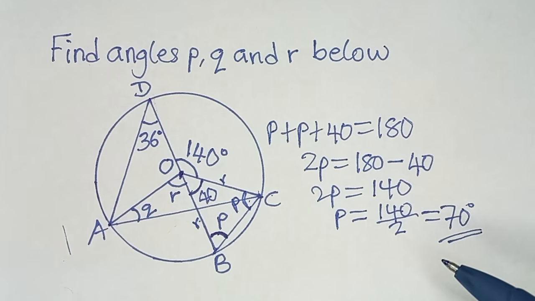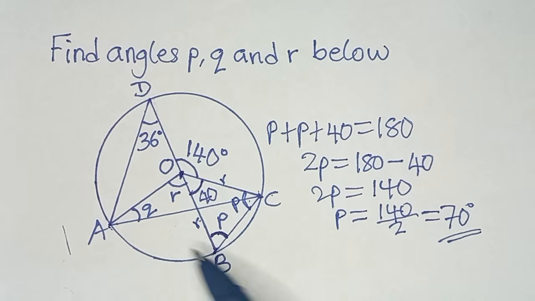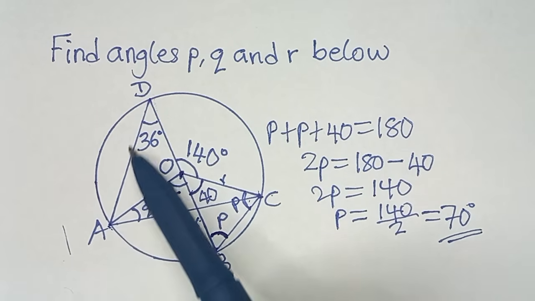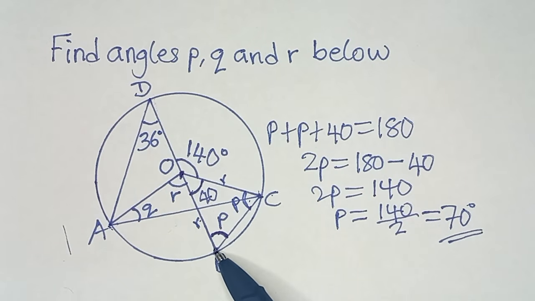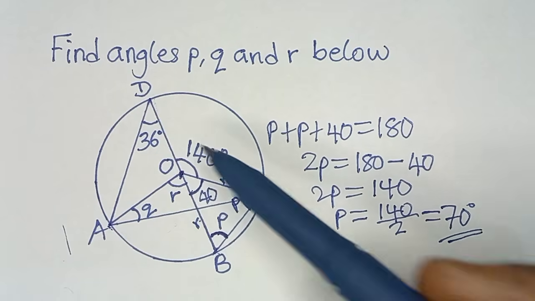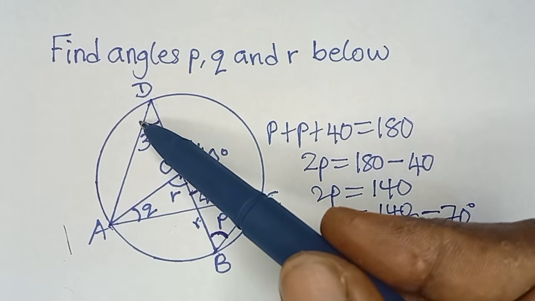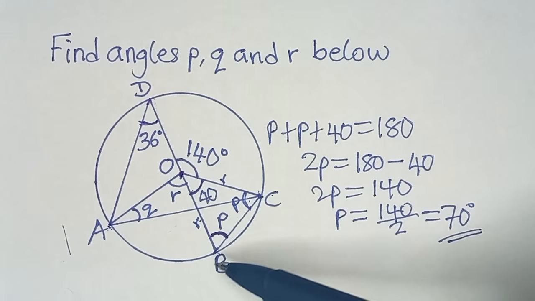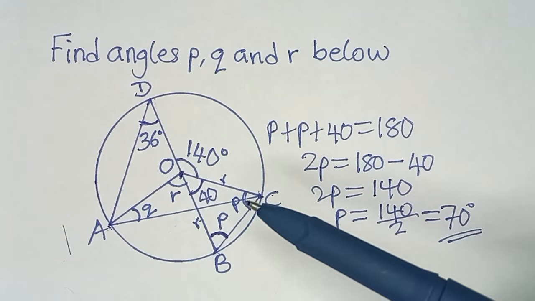Now, we can find angle R next. Look at this point AB. I have a line moving from point A to the circumference at D. I have another line moving from B to the circumference at D. At D, the two lines together form this angle, 36 degrees.